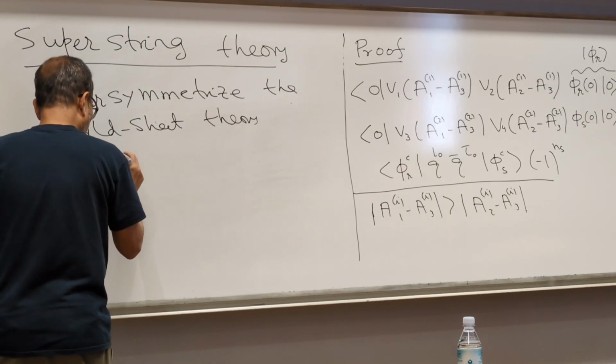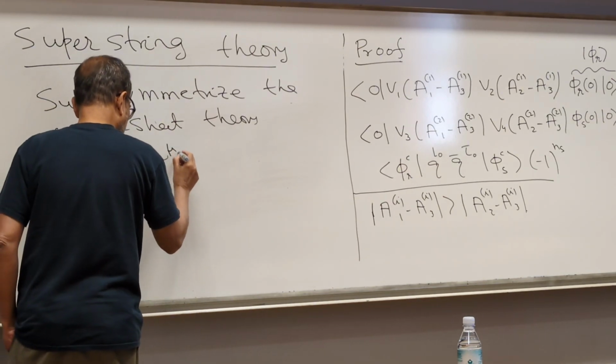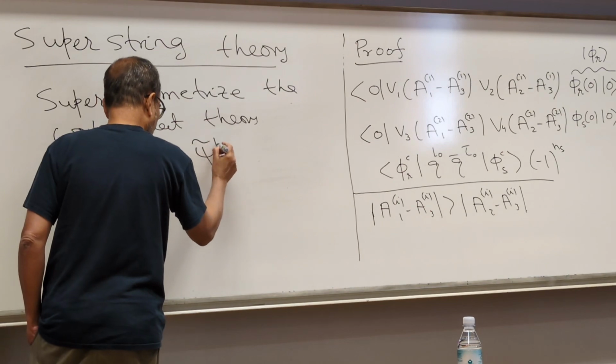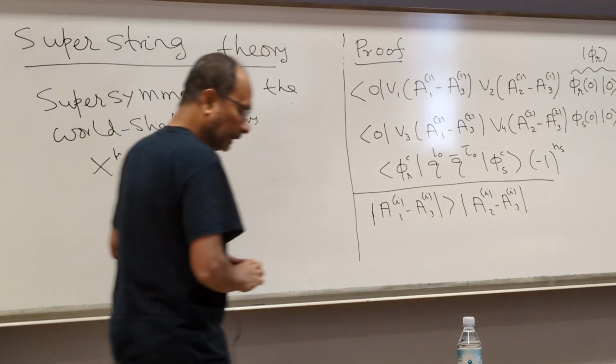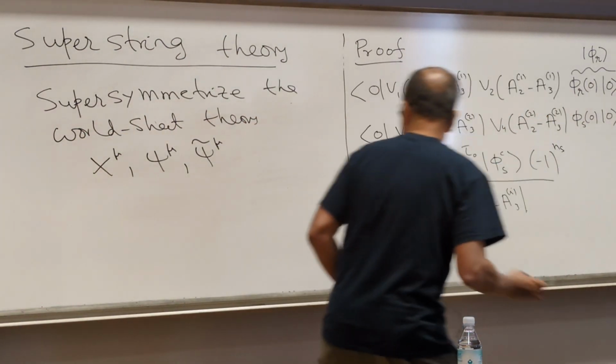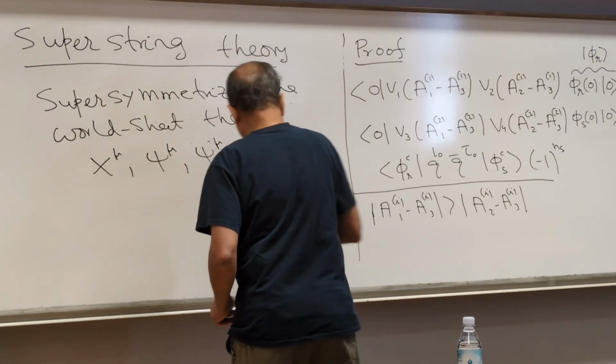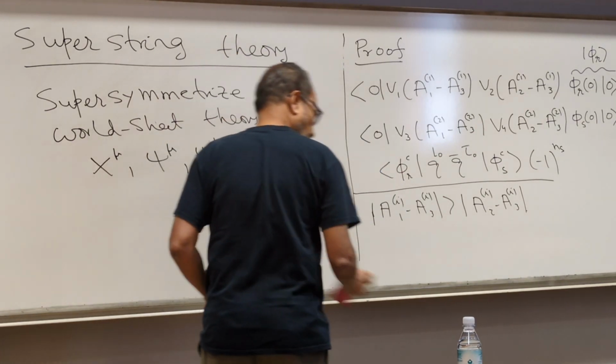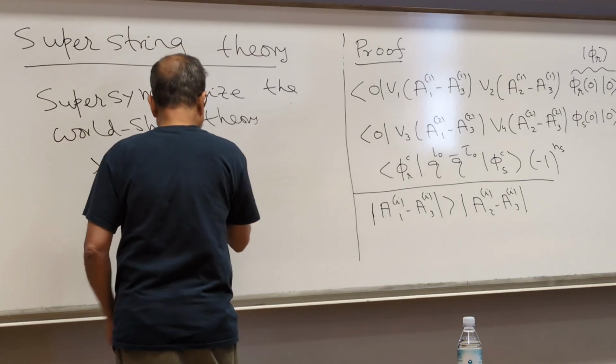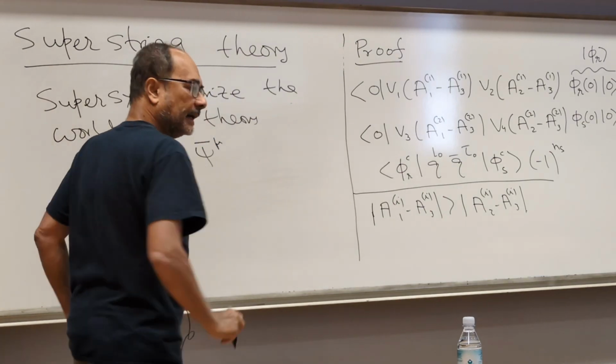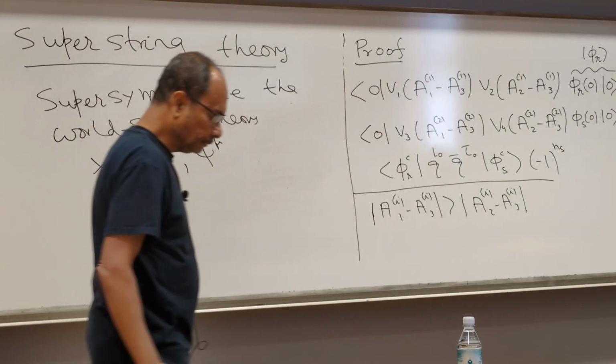So with X mu, we'll also have its partners psi mu and psi mu tilde, left and right moving fermions. Let me call this psi bar, because I have been using bar also. So these are independent fermions, one left moving and one right moving on the worldsheet.